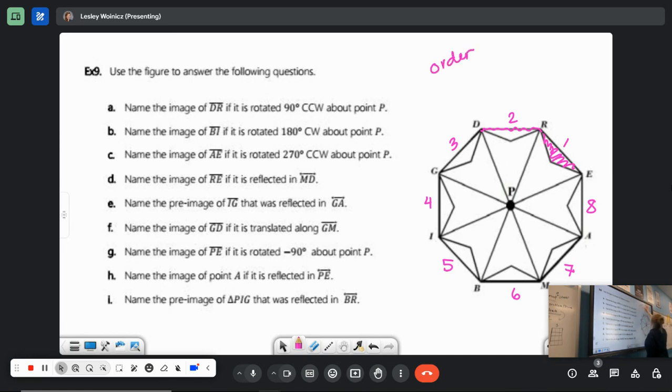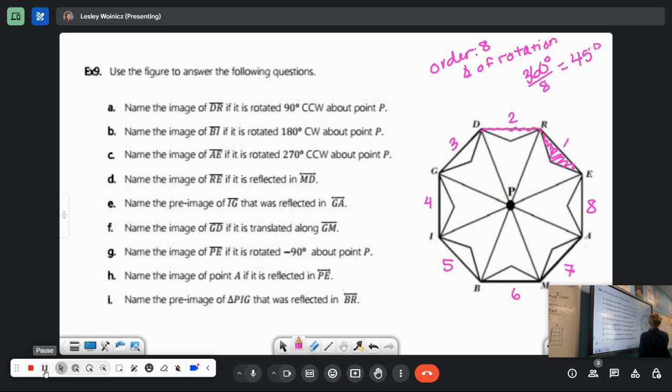Okay, so what would be the angle of rotation? So we take our complete turn, which is 360 degrees, divide it by the order, thank you, it's 45 degrees.